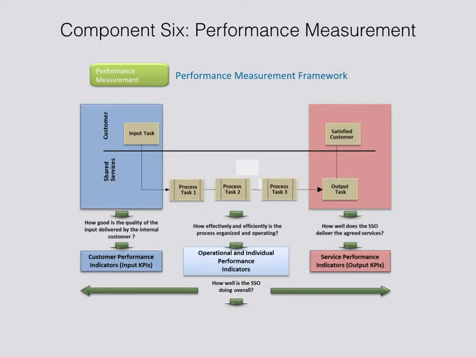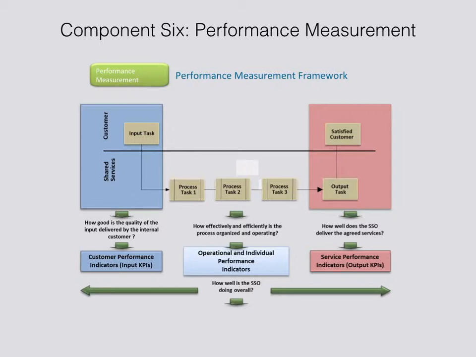In determining which output KPIs you want to include in your performance measurement framework, a key question is to ask your clients how they would like to measure and evaluate the service provision of the SSO. This will drive the types of operational KPIs that the leadership of the SSO will want to monitor to support those outputs.